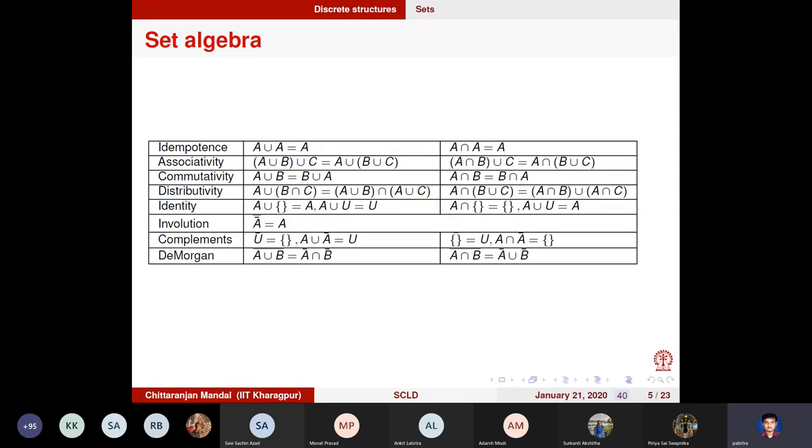Intersection of A with the universal set, you get back A. So you see, I think you have noticed one thing, that the rules I have written down in the first column and the rules in the second column are just dual of each other. If you interchange union with intersection, you get one rule from the other rule. They are dual of each other.